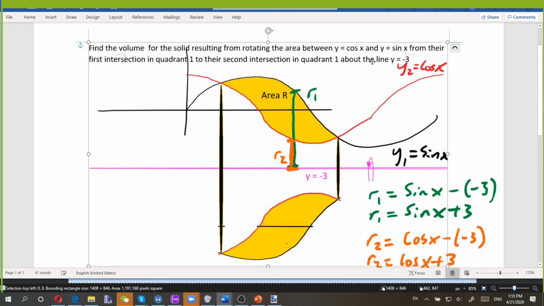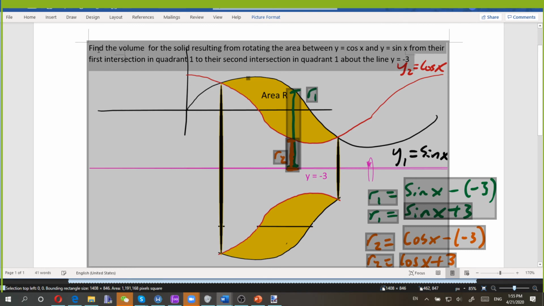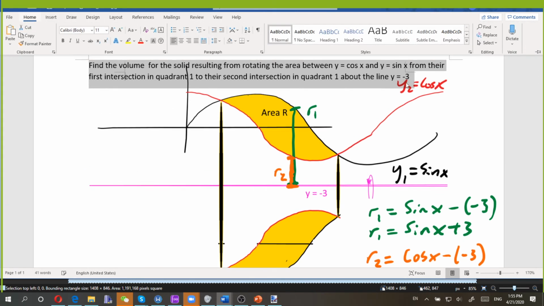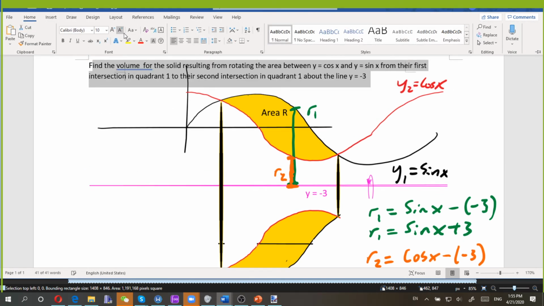Okay, I'm going to shrink our text just a little bit so that I don't run into that. Y2 equals cosine x.